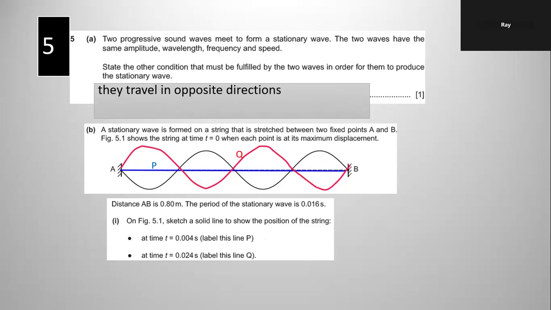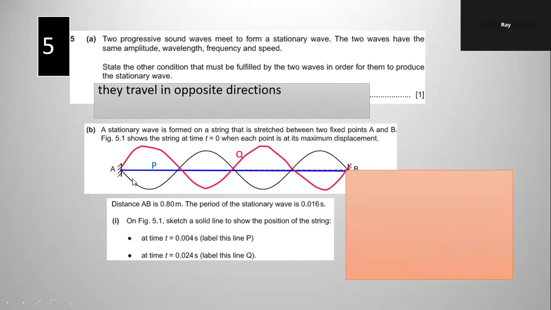Okay, any more queries? No, but I don't understand what they are asking for. They are asking in figure 5.1, sketch a solid line to show the position of the string at 0.04 second.